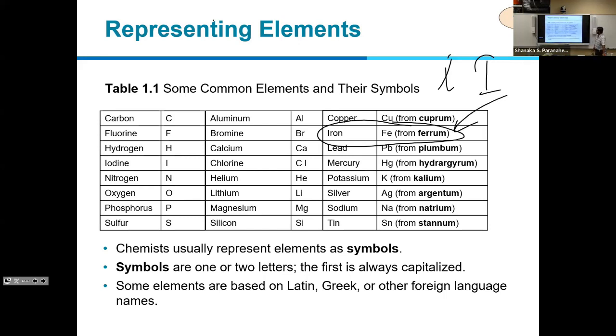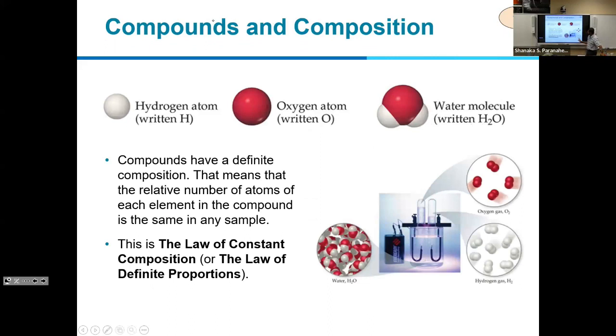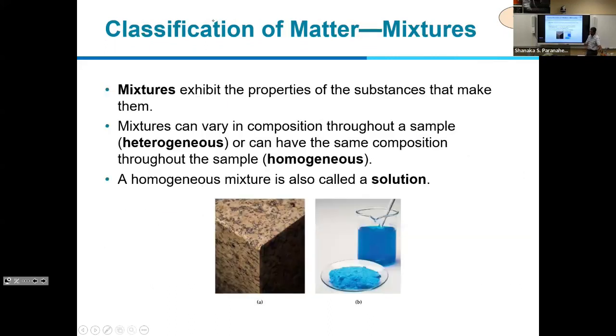So Fe is the first 2 letters of that word, and that's how they get the symbol. Chemistry usually represents elements as symbols. Symbols are 1 or 2 letters. The first is always capitalized. Some elements are based on Latin, Greek, or other foreign languages. So keep that in mind when you study for the quiz, because it's not always the first letter.